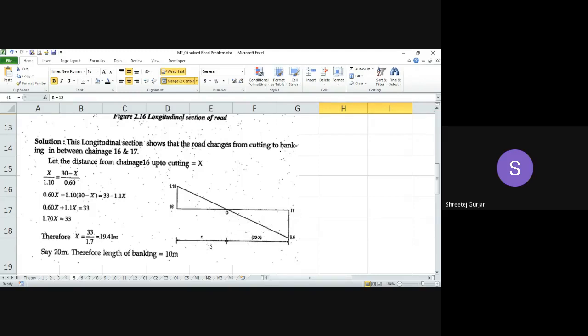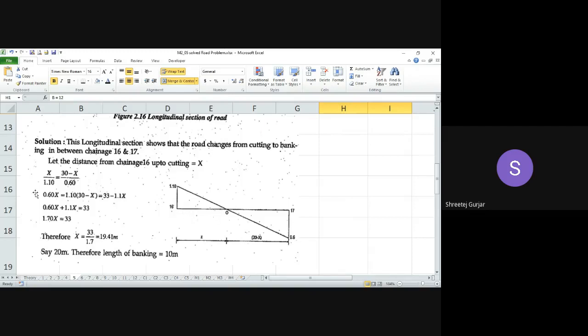This height is the depth at the 16th chainage, which is 1.1, and at the 17th chainage the depth is minus 0.6, so it is going down. Now we know this height and this height, and we need to find x.